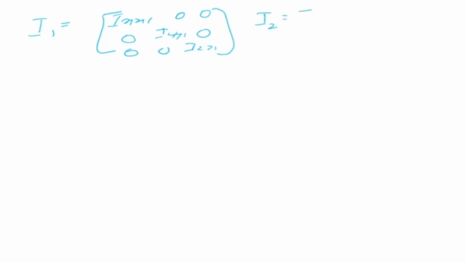The first link has inertia tensor I1, given as Ixx1, 0, 0; 0, Iyy1, 0; 0, 0, Izz1. The inertia tensor for the second link is Ixx2, 0, 0; 0, Iyy2, 0; 0, 0, Izz2.